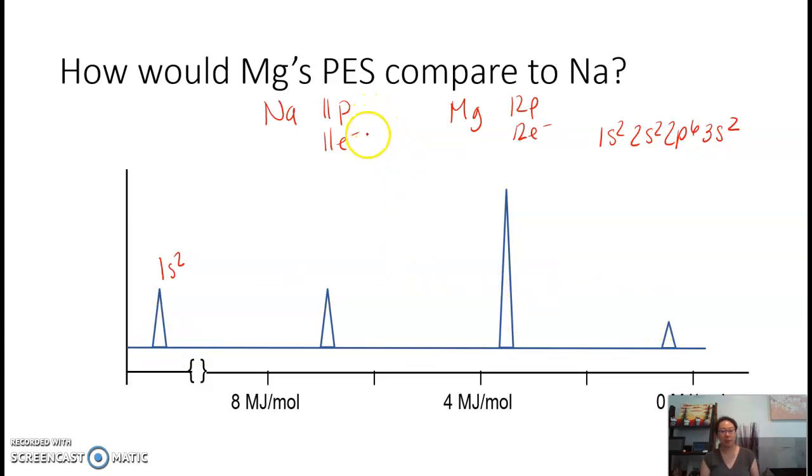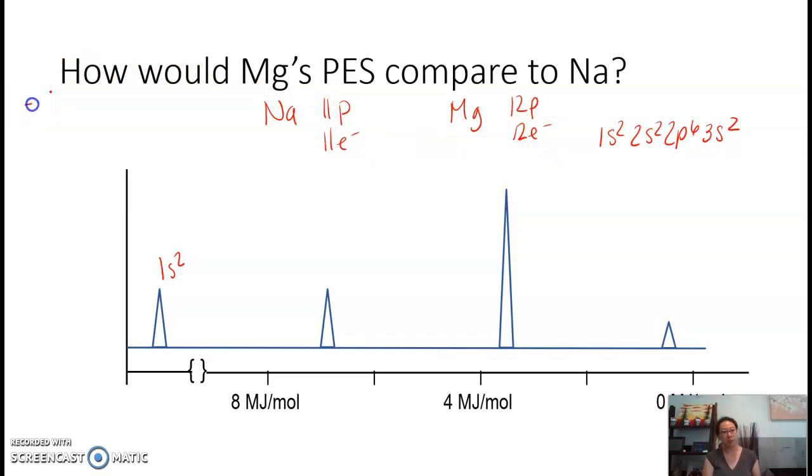Okay, so two things are going to change. Obviously, the height of that last peak will be different because it is not a 3s1, it is a 3s2. So the height of the last peak will be different, and also the position of the peaks will be different due to a greater magnitude of charges attracting each other, which means the attraction between your nucleus and your electrons is going to be stronger, which means you need more ionization energy in order to remove the electrons.